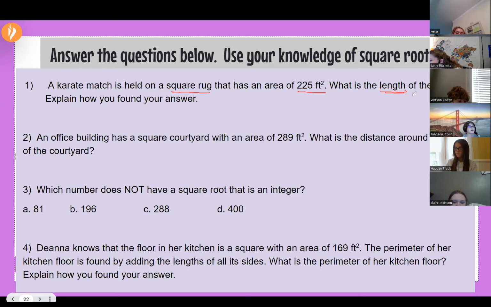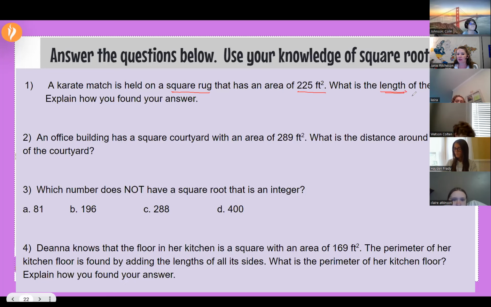I put down my answers for all of them. Beautiful. Awesome, Colin. All right, who knows if I have a square rug with an area of 225 feet squared, what is the length of the mat? What do you think? Someone said 15.9.